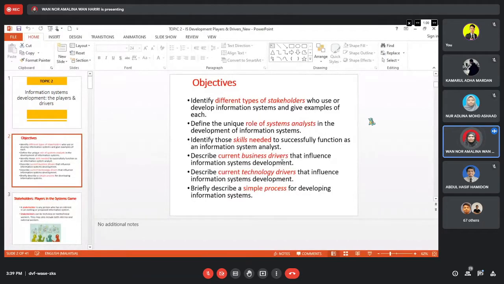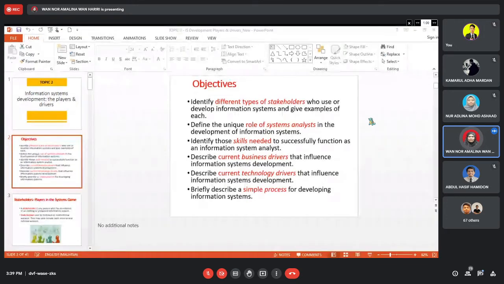Okay, that's why in the university, we are teaching you about the soft skills. You have to have the ability to talk to people, not just talking for no reason. Now you need to communicate in order to know what the users and other stakeholders would like to have from the system.